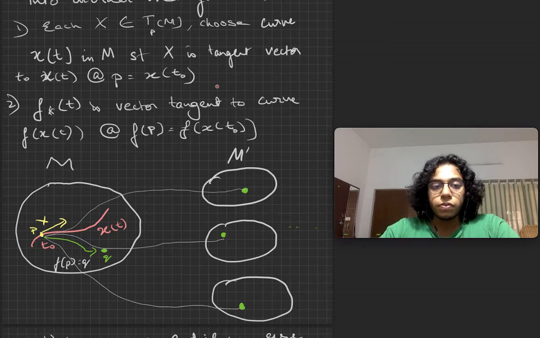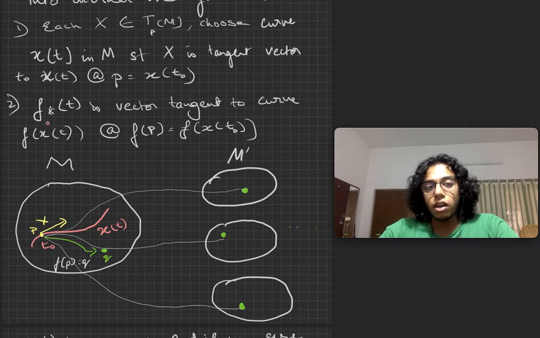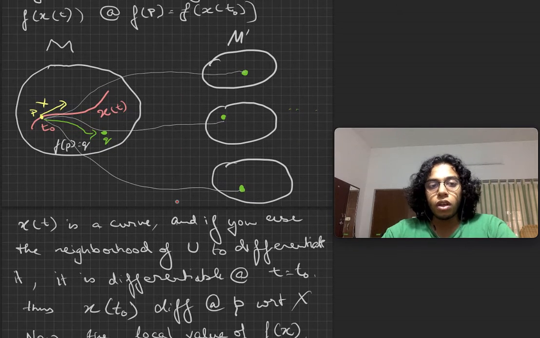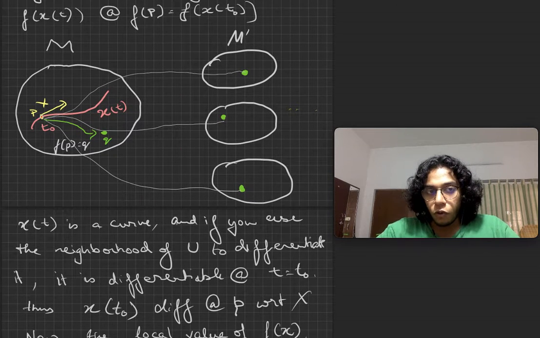It's a parameter. Secondly, f star of x is a vector tangent to the curve f of x of t at f of p, which is equal to f of x of t naught. So you're basically saying, I'll take a point on the manifold and map it to another point.